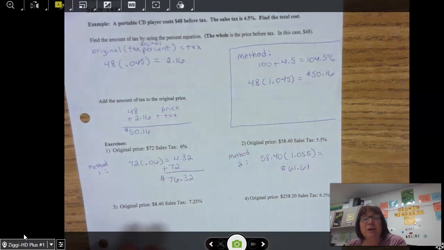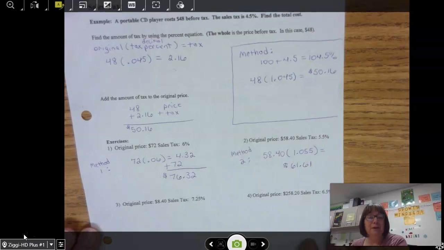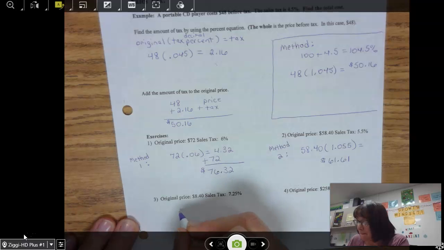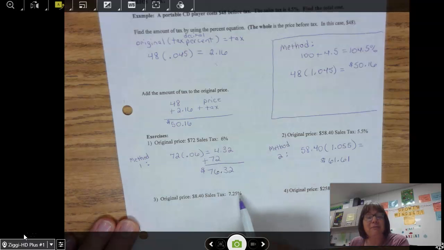So again, no matter which method you used, you should get that same answer. And let's just try one more. If the original price was $8.40 and the sales tax is 7.25%, what's going to be the price with tax?